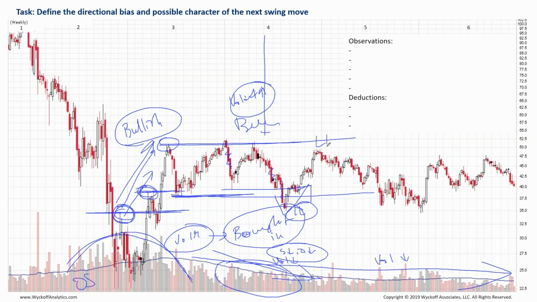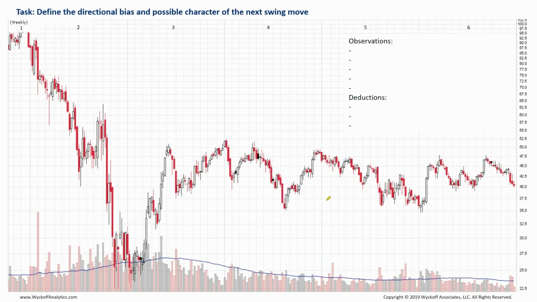Another failure, lower high. This is where I would probably still contain this bearish bias, and then look at how the price goes down. What can we say about the character with which the price moves, here and on these 3 reactions? What do you think? It looks like smaller effort and larger result.